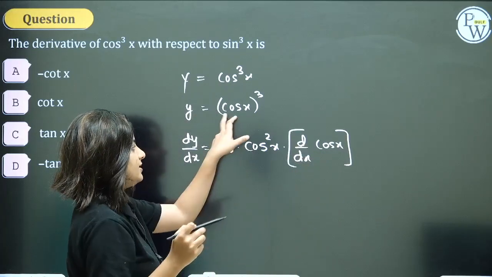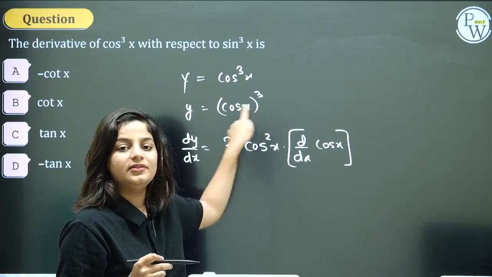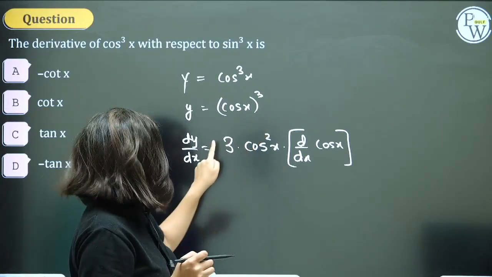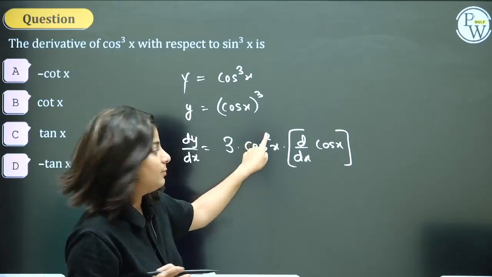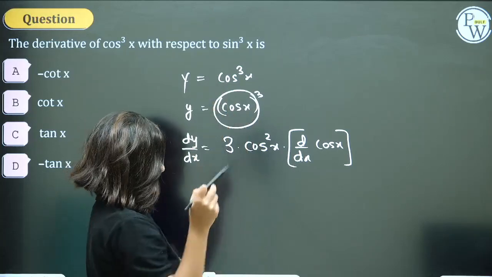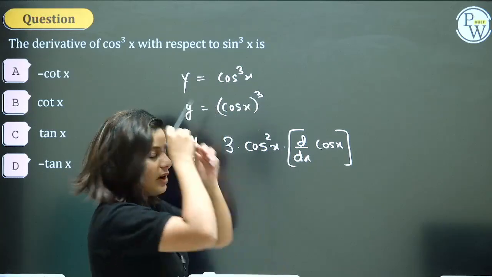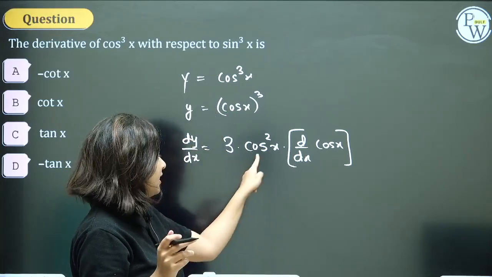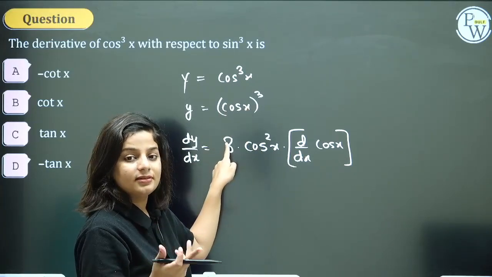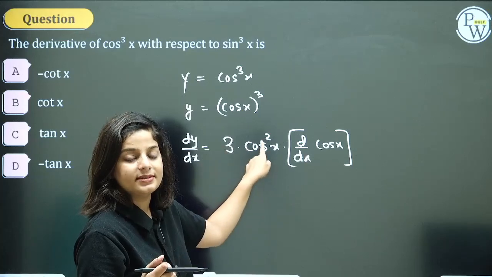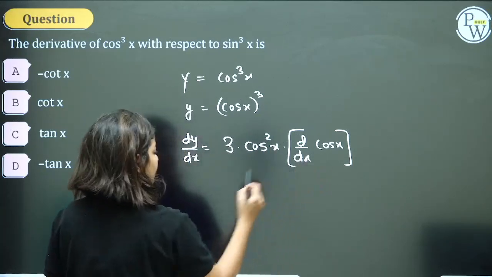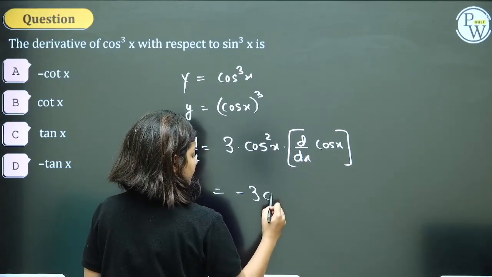This is your chain rule, isn't it? X raised to n derivative is n x raised to n minus 1. So u raised to n derivative will be n u raised to n minus 1 into derivative of u. Instead of x you have cos x. X cube derivative is 3x square. Cos x the whole cube derivative will be 3 cos x the whole square, and then derivative of cos x, which is minus sin x.